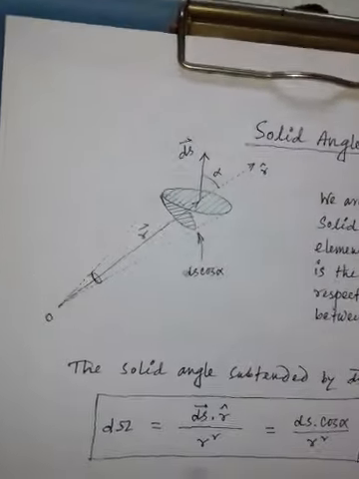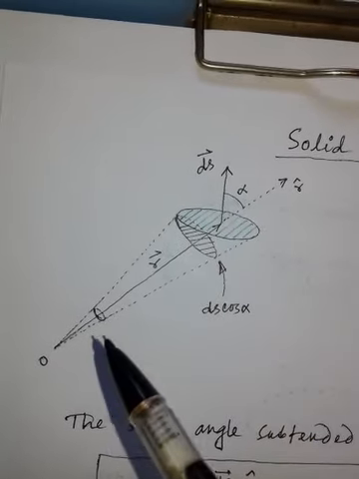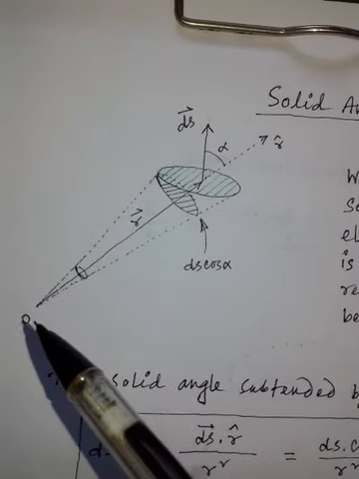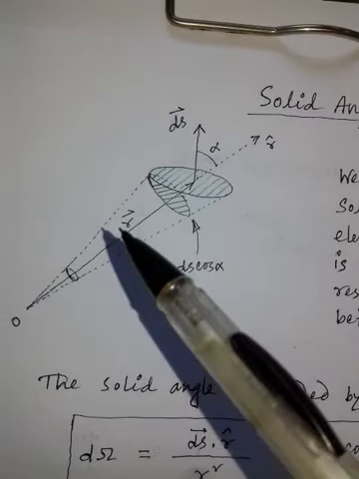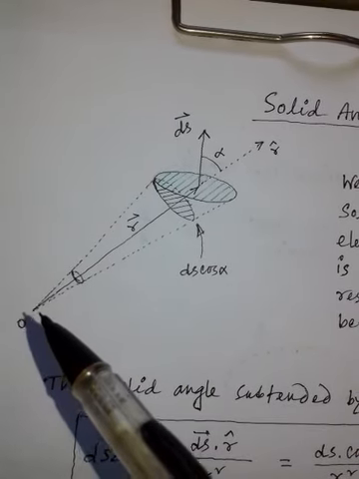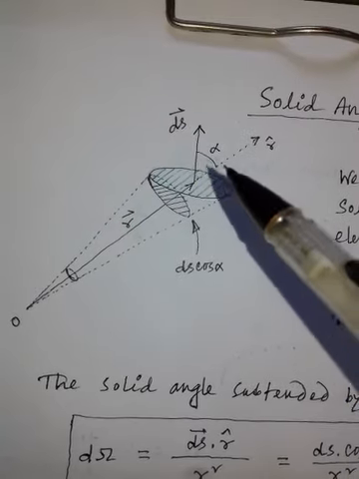Now look at this figure. Here an elementary area ds makes a solid angle d omega at O. ds is at a distance r from this point O, and the angle between ds and r is alpha.